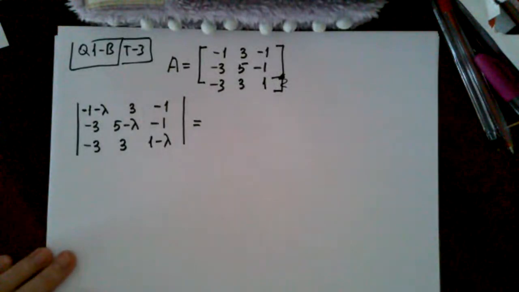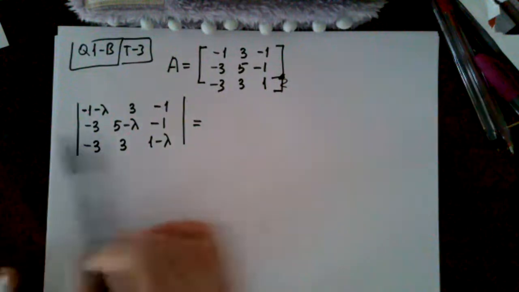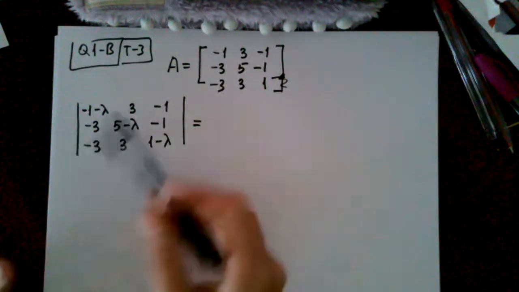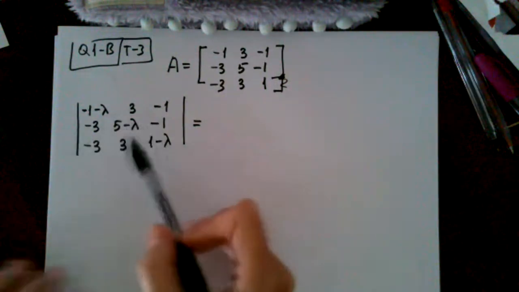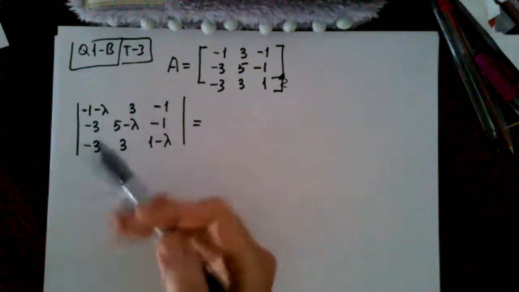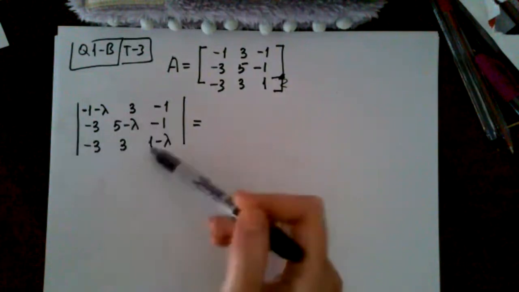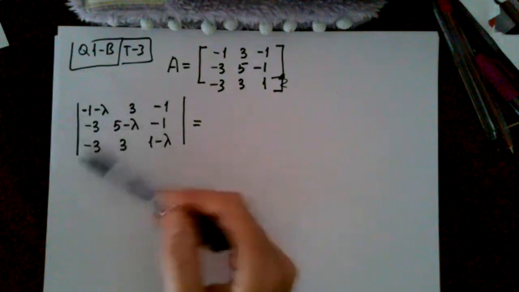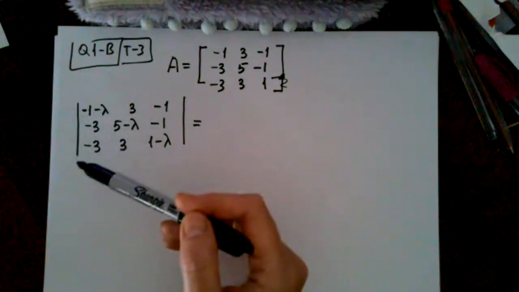What is the most efficient way of calculating a determinant? The usual recommendation is to use expansion along a row or column. But it should be a row or column which has at least one 0. If you have zeros in your matrix, go for the row or column which contains at least one 0.